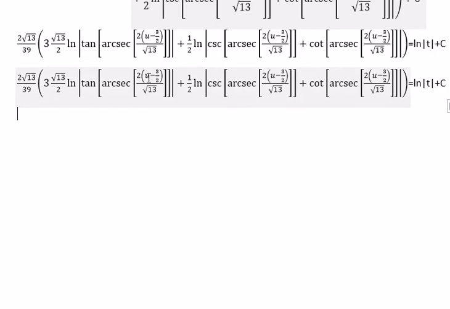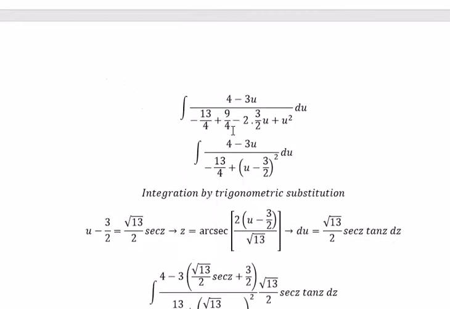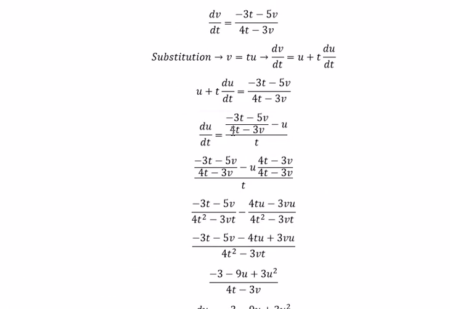Now we have u. That's this one. We change back for v over t.